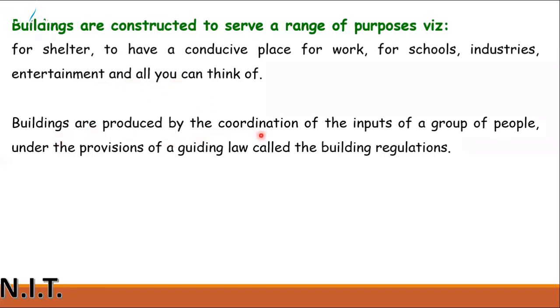Buildings are produced by the coordination of inputs of a group of people, because a single man cannot construct a building. Obviously, a good teamwork will be required for the building purpose, under the provision of guide law called the building regulations.